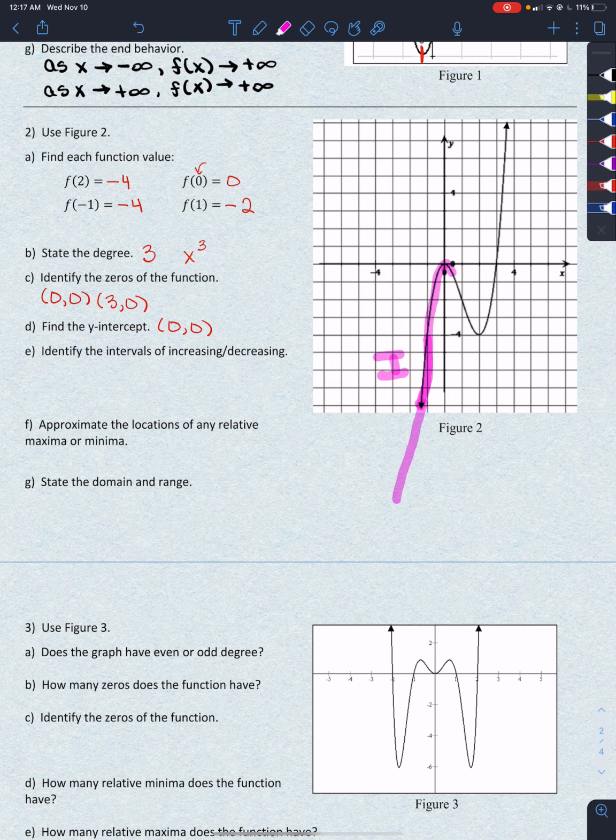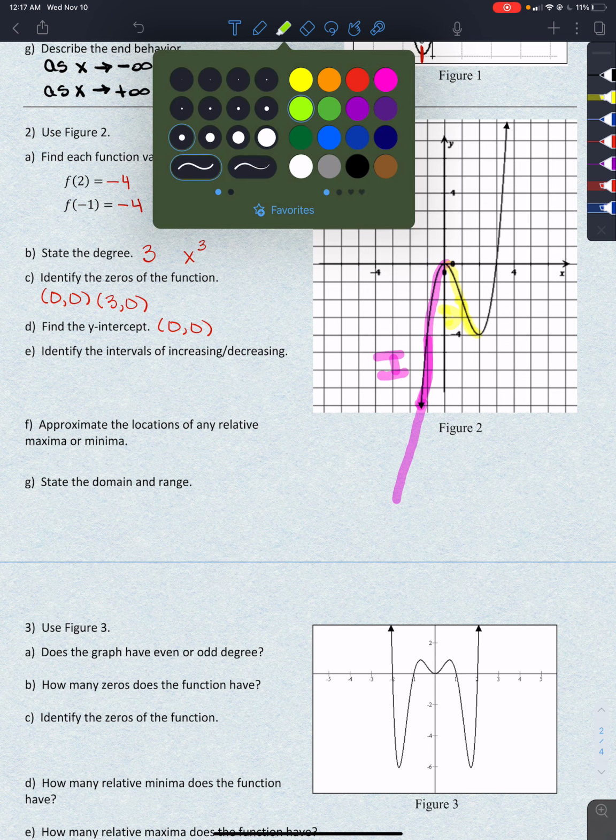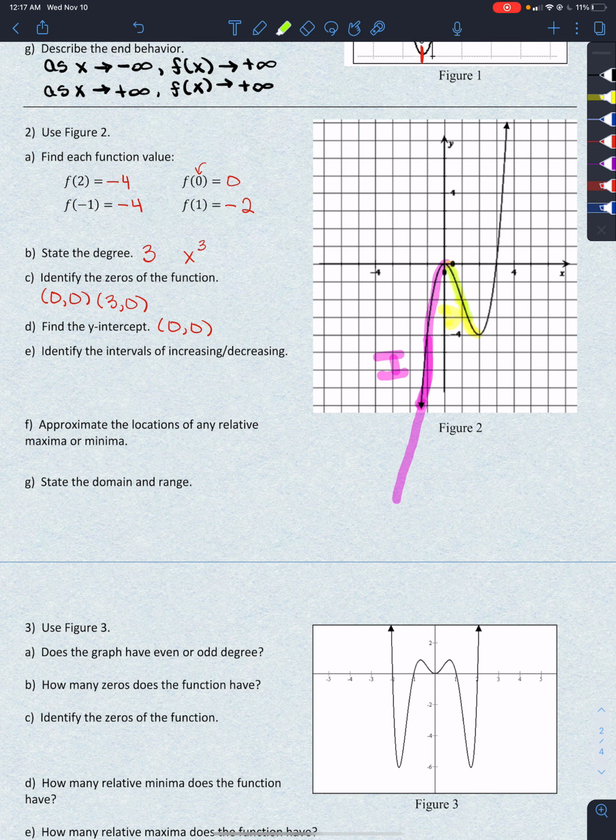Then from that turning point down to the next turning point, okay, that's where the graph was decreasing. That's a horrible color to see, so let me pick up a different color. Okay, that's where the graph was decreasing. Then we go back to where the graph was increasing.